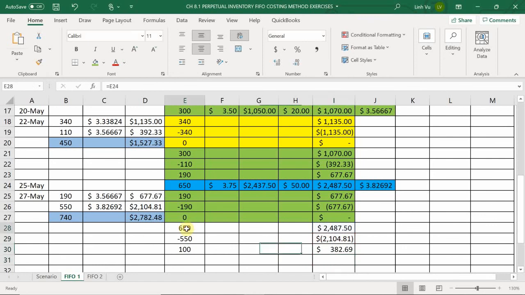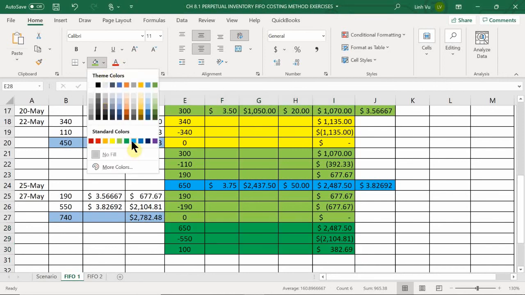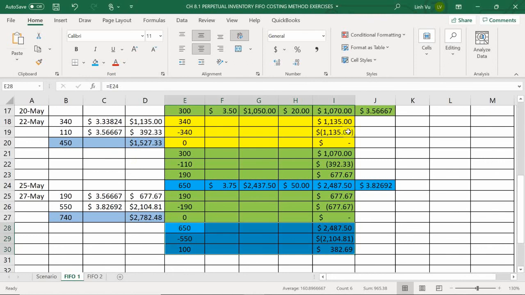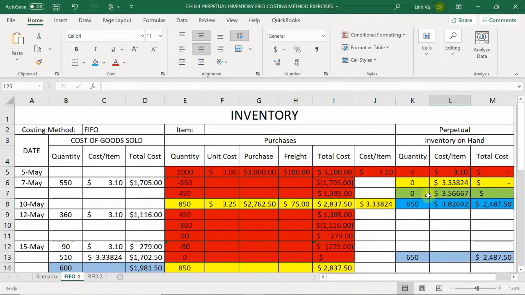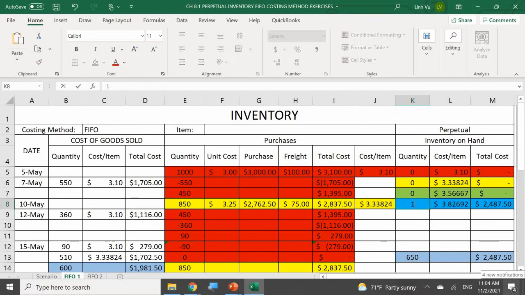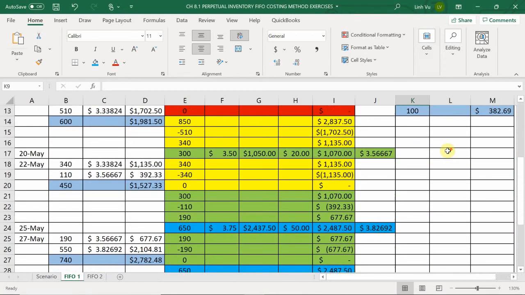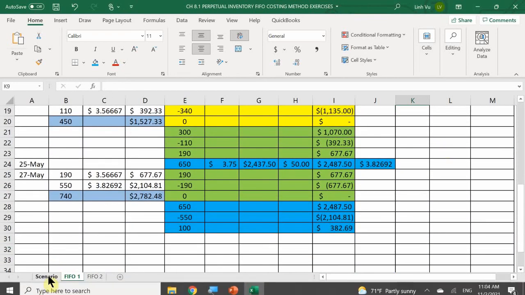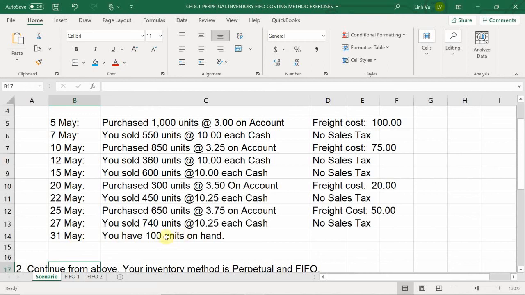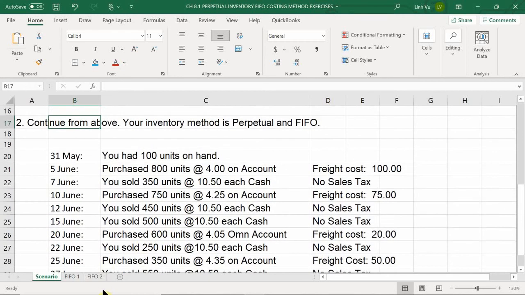So that means you should have 100 items at a total of $382.69 in your blue batch of inventory. So let's go ahead and take this out here. 100 left. So you should have 382.69 left with 100 items left in inventory. Okay. Any questions here? And that's correct, right? You have a total of 100 units left on inventory. Okay.